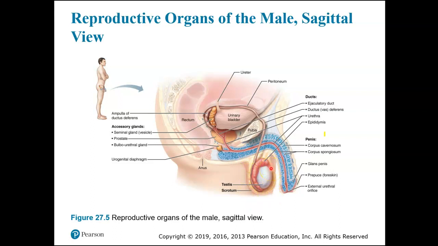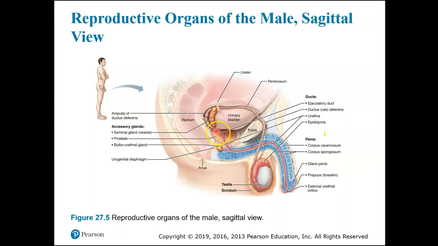And what you're going to see first is this structure called the epididymis. Once the sperm is produced, it's going to pass through the epididymis into the ductus or vas deferens, which is this structure here, into the ampulla of the ductus or vas deferens, which is going to contract to release the semen into the ejaculatory duct during ejaculation.